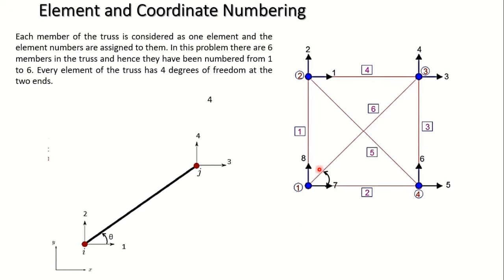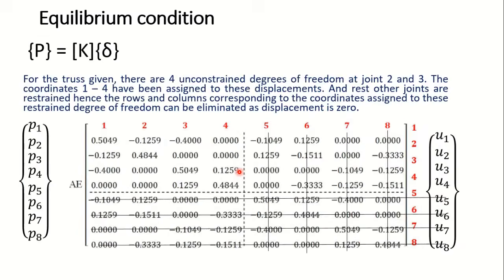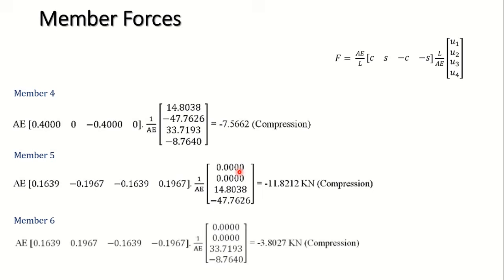Similarly, for member number 2, supports have been provided at both ends, so U1, U2 as well as U3, U4 remain 0. For the third member, U1, U2 are 0, and U3, U4 are taken from the solution, since we have solved for the displacements at these coordinates. That will come from that matrix.